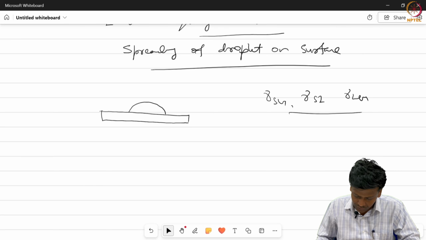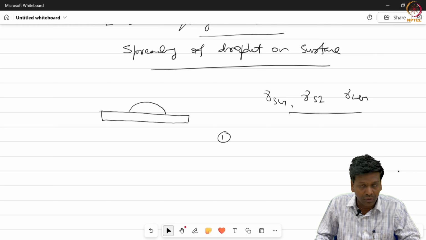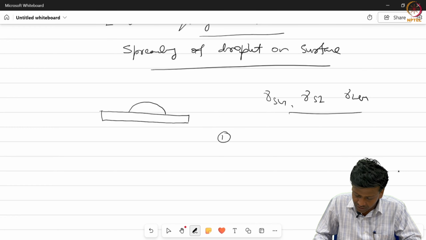Before we begin, let's understand the assumptions proposed by Young. This equation can be used only when equilibrium condition is considered. For example, when we place a droplet, we are not interested in measuring theta instantaneously.